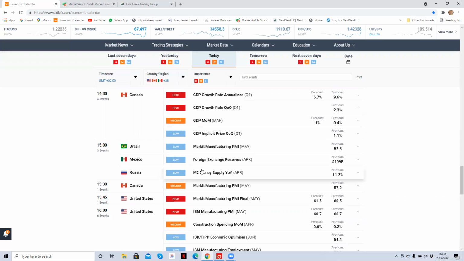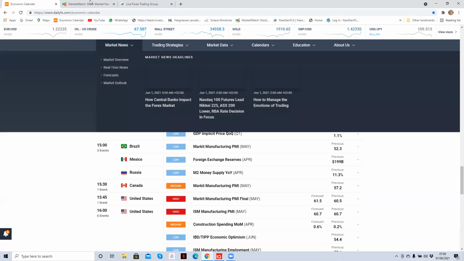So for the dollar Canadian dollar, I'm going to avoid trading that currency pair till 2:30 GMT plus 2. I'll assess the market just before that report at 2:30. And again, I will only have one attempt at the dollar Canadian dollar prior to the last report at 4 p.m. So you take each currency pair on its own merit.